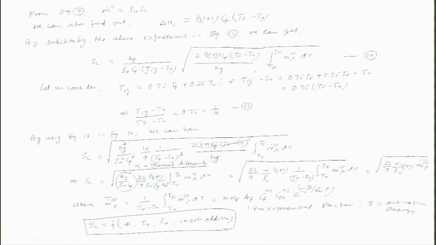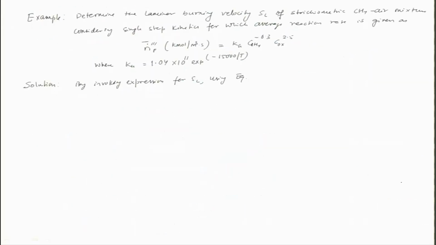Oh, I have not given an equation, this will be equation 18, SL is equal to square root of 2 by 9 alpha by rho u nu plus 1 times the average reaction rate.